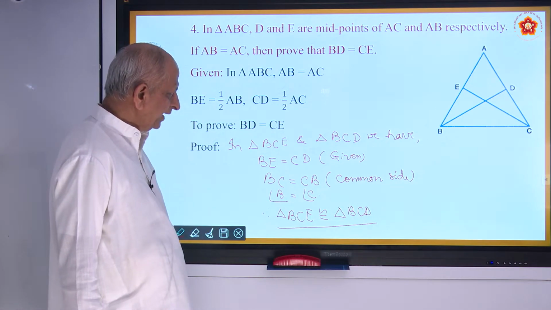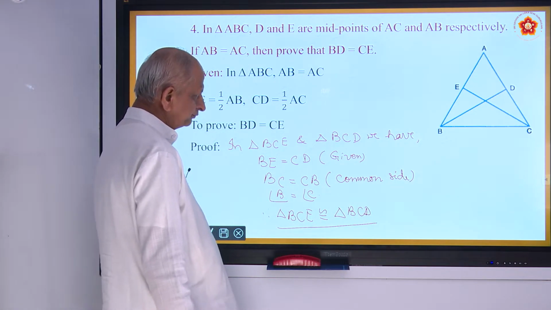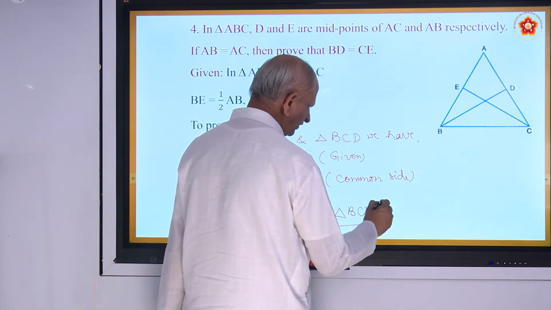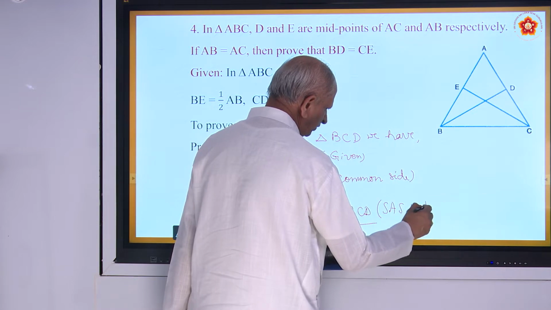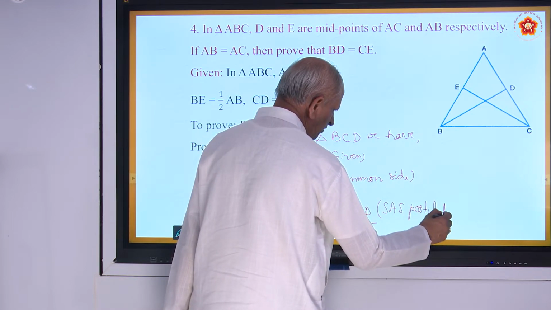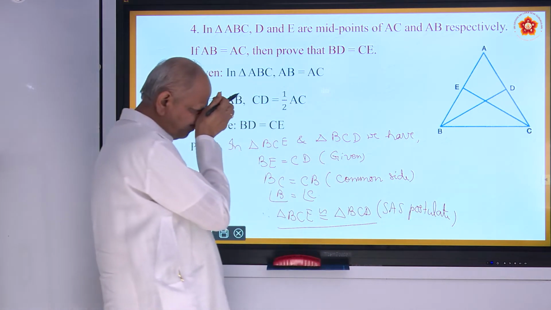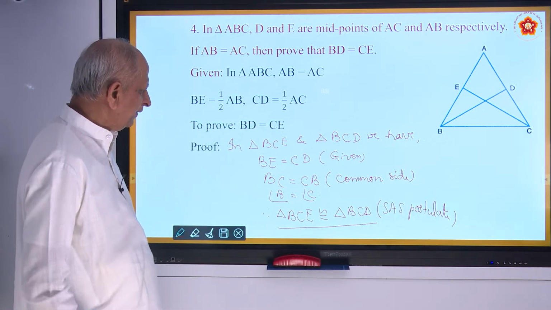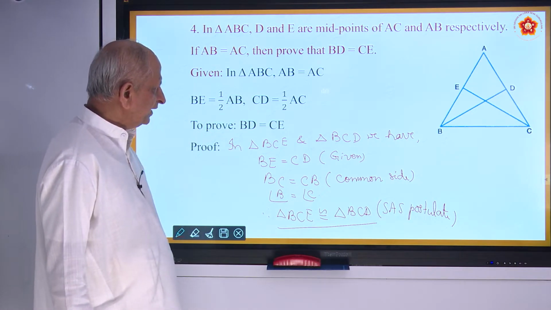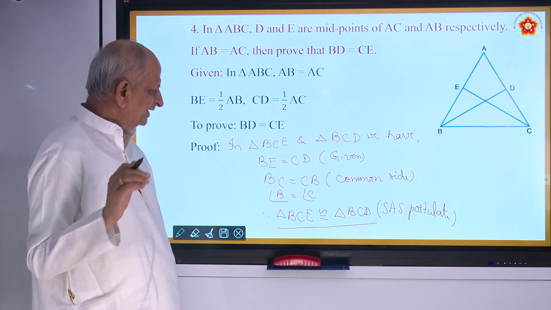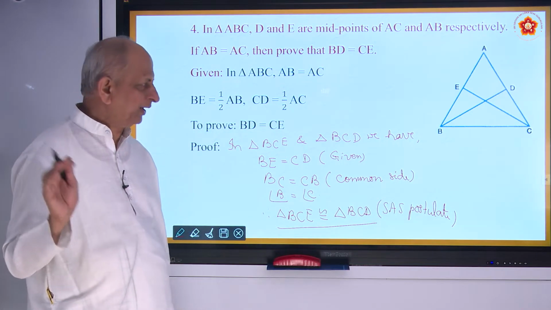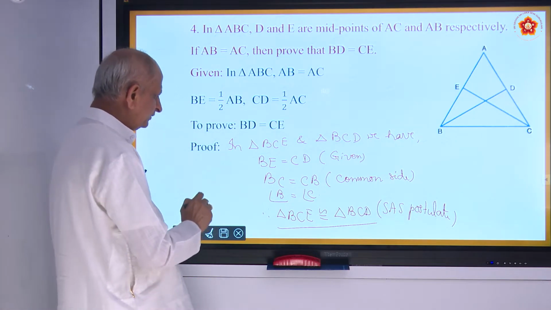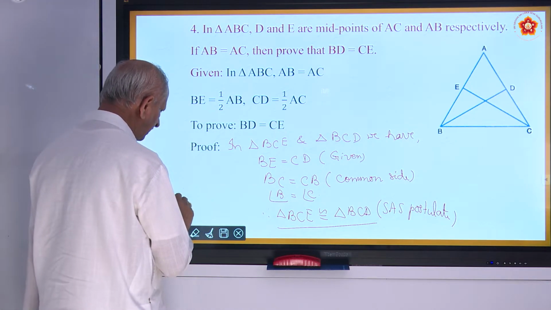Two sides and one angle. So you have SAS postulate or criteria. Now what happens if these two are congruent? Then the remaining angles and remaining sides are equal. So I will write the answer here.